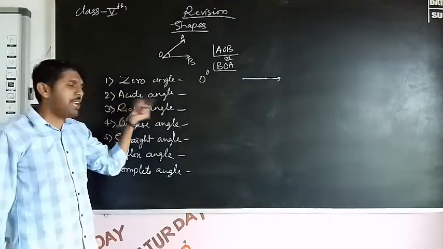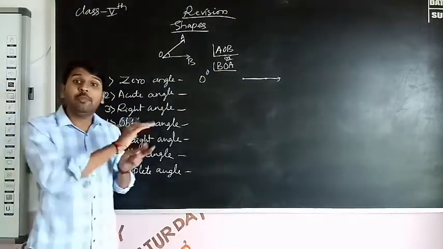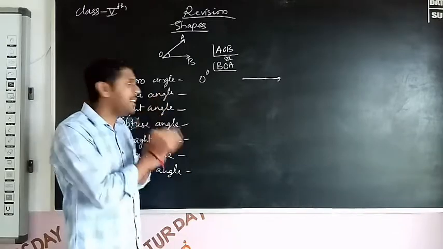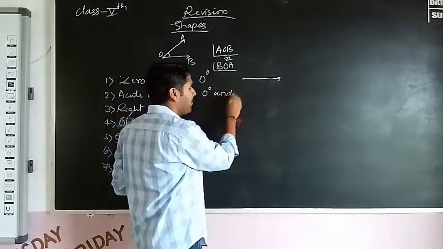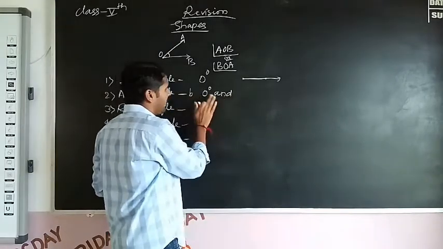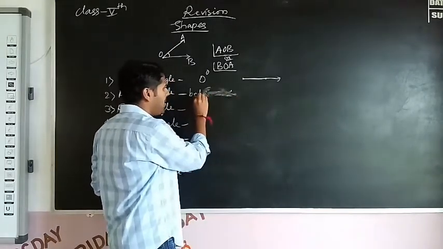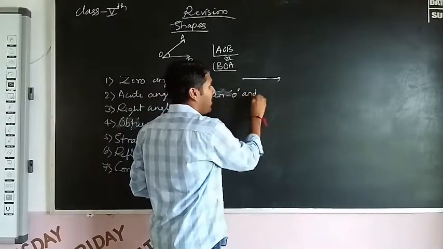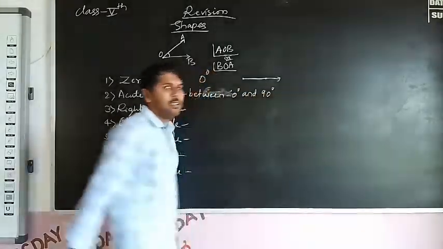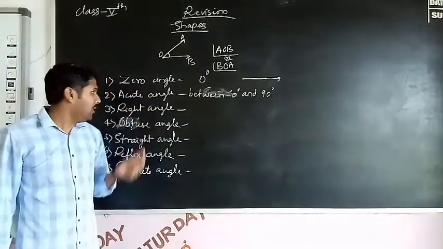Next, acute angle. The measurement is in between 0 degree and 90 degree. So we call it an acute angle. What about right angle?